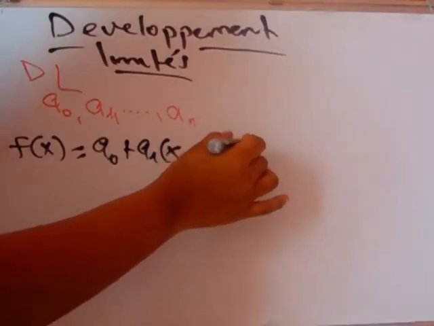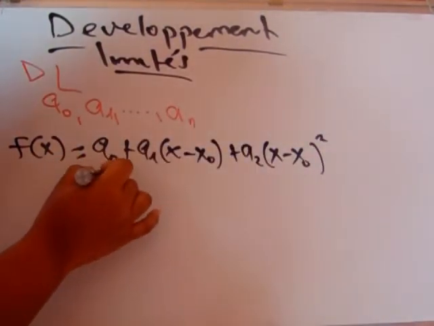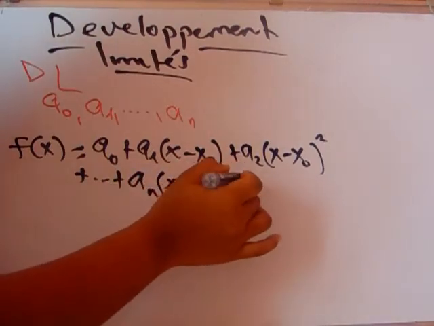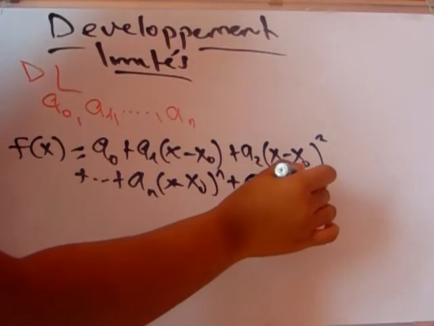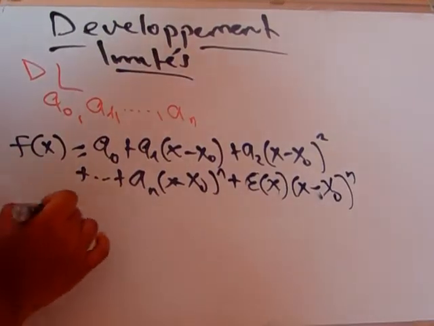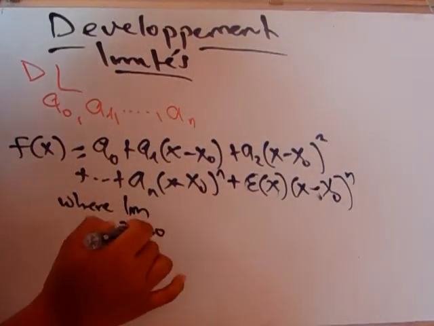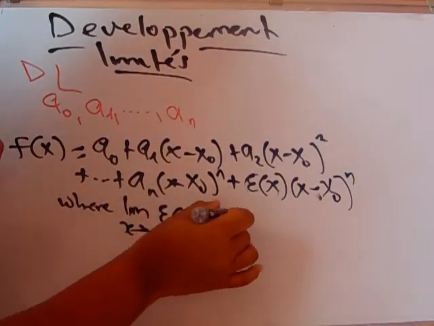So we say that a function has a DL à l'ordre n if there exist constants a0, a1 up to an, any constants, such that, this is the definition, the formula for the développement limité: f of x will be equal to a0 plus a1 (x minus x0) plus a2 (x minus x0) raised to the power of 2, plus an (x minus x0) raised to the power of n, plus (x minus x0) raised to the power of n times epsilon of x, where the limit when x approaches x0 of epsilon of x is equal to 0.